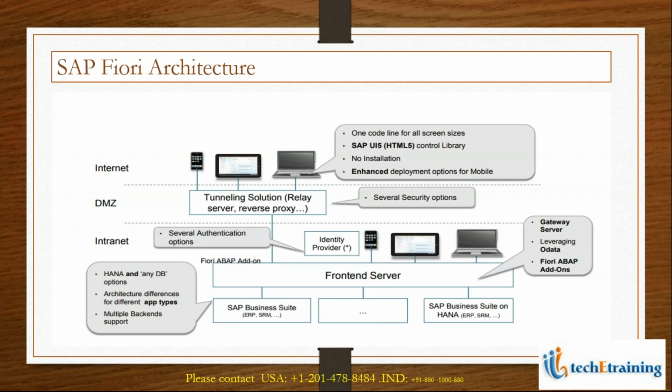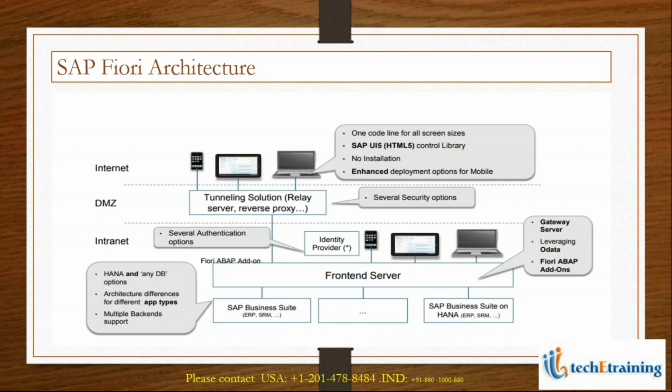While loading the application, if it is accessing any data, it will navigate to your SAP business suite, access the data according to your request, and populate it into your UI5 application. So here we have three layers, from the client through the URL to the SAP server.